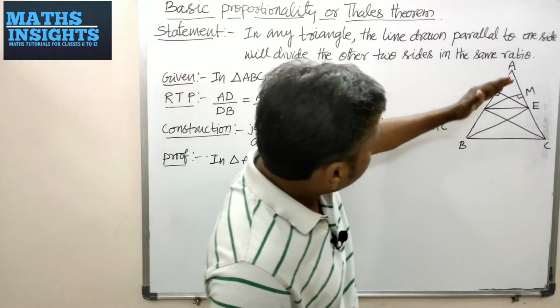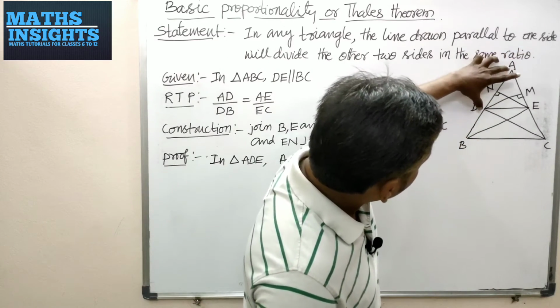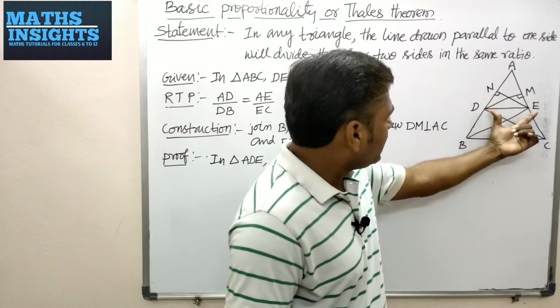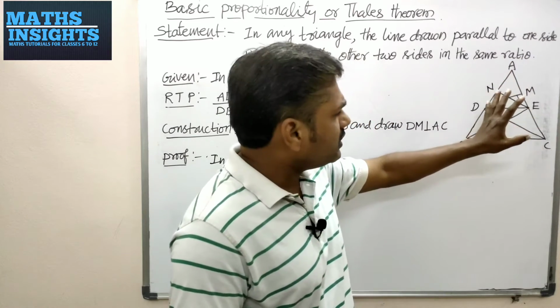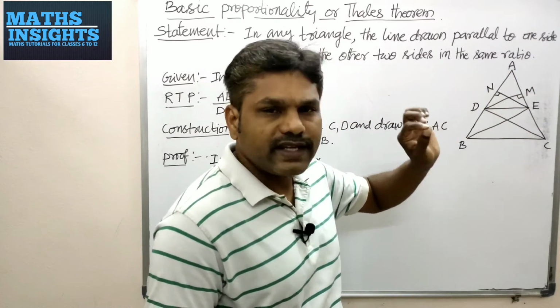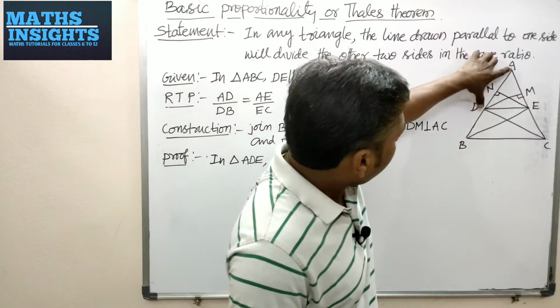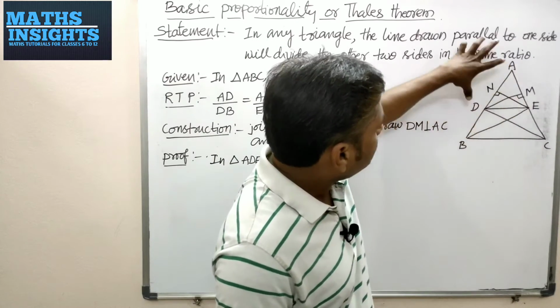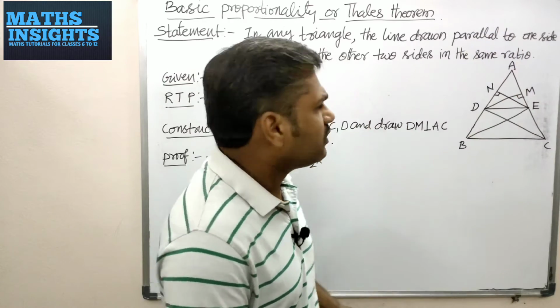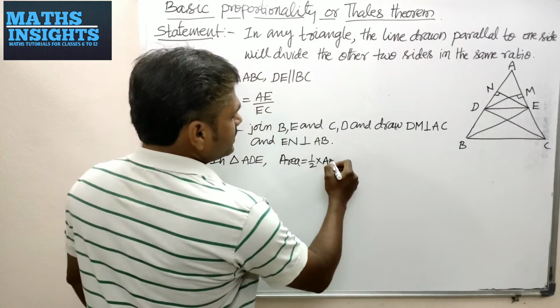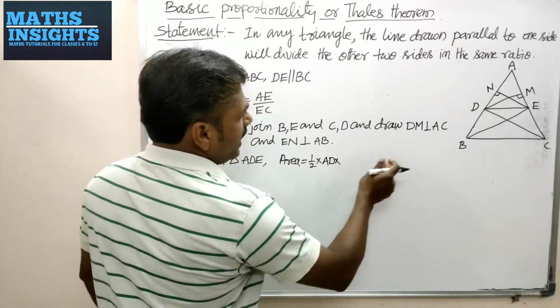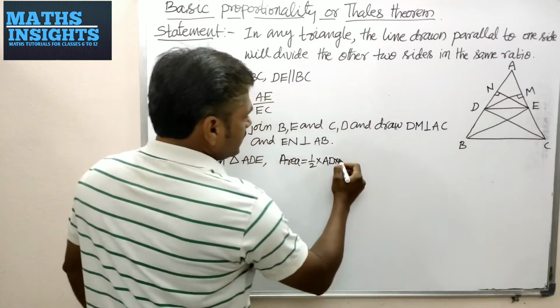See, in this case, I am taking AD as my base. You may take any base, but for that you have to have the height which is perpendicular to that base. But I have my perpendicular NE to this base AD. Therefore, I am taking my base as AD and height as NE.